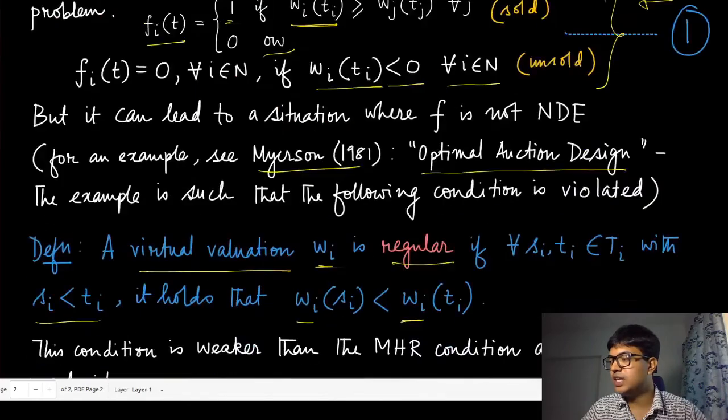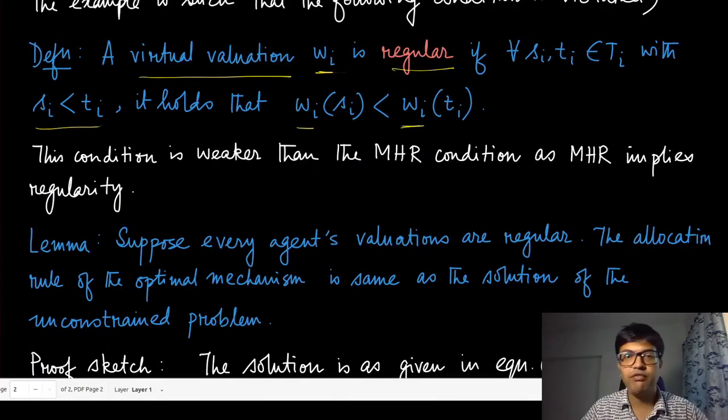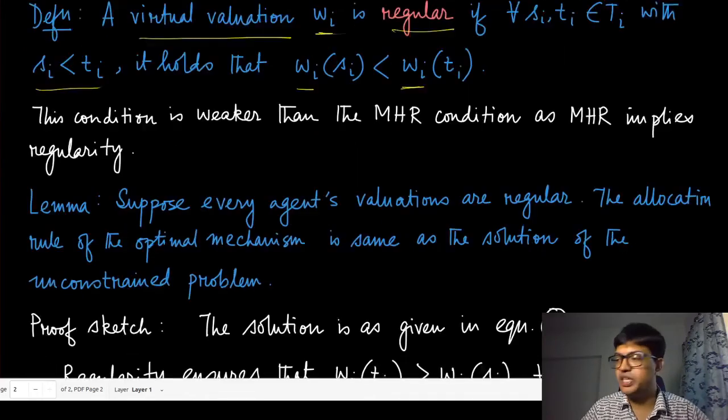There are examples in Myerson's original paper which say that if you have monotone hazard rate condition, of course you are going to satisfy regularity, but regularity is weaker, so you can have regular virtual valuations which might not satisfy a monotone hazard rate condition. So we are actually imposing a weaker condition in terms of regularity, and that is exactly what we need.